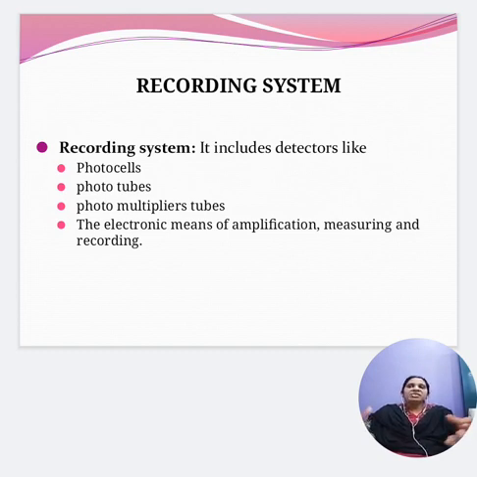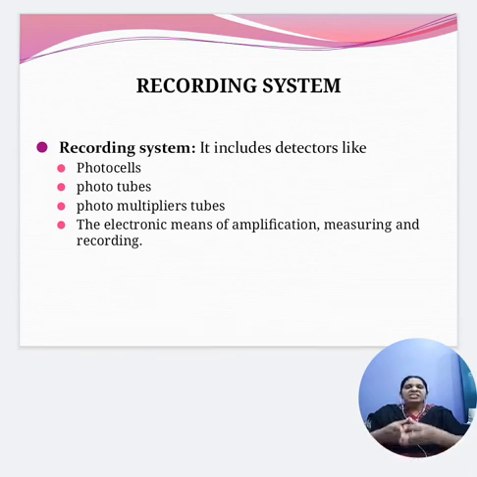So the recording system comprises your detector, which is a photodetector. The output of the detector may be very weak, so it needs to be signal conditioned, for example amplified using an amplifier. After the signal is conditioned, it is sent to the display device.